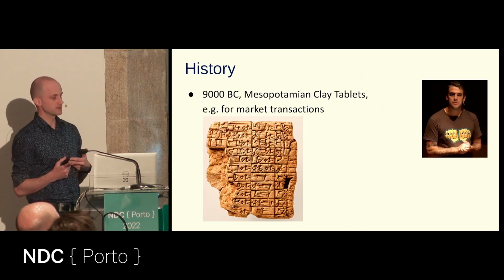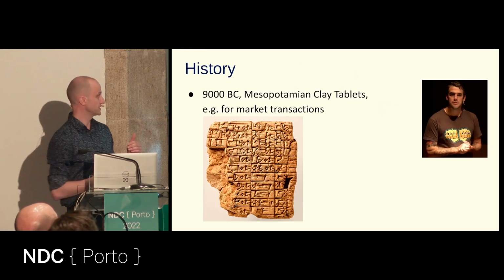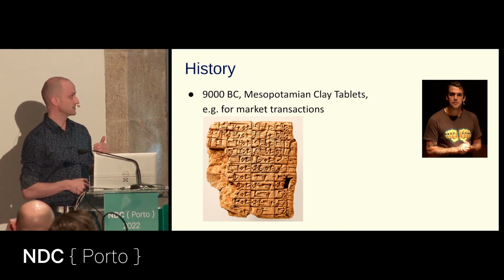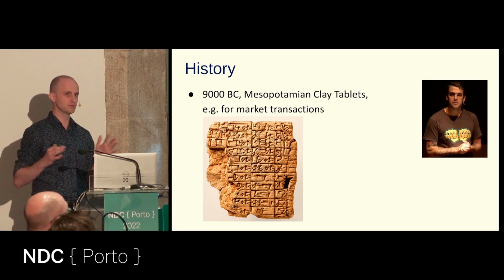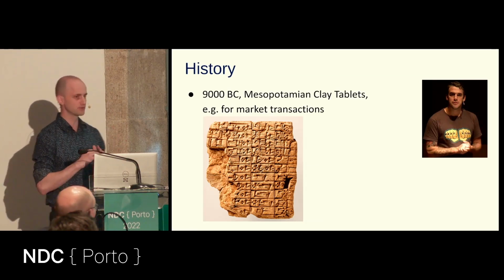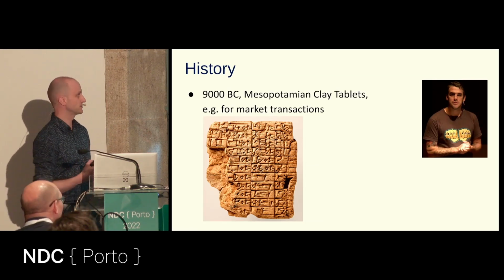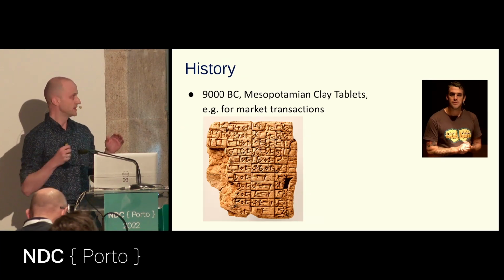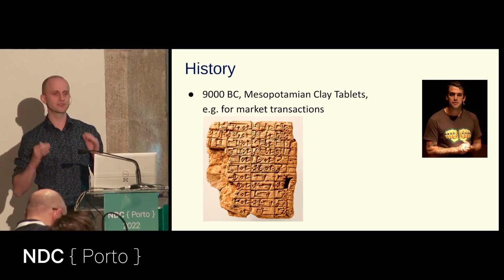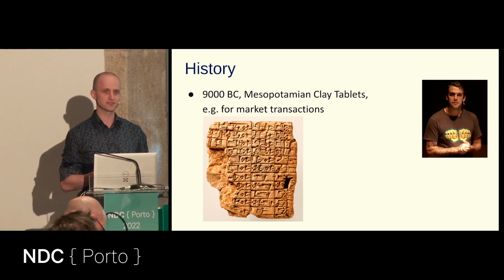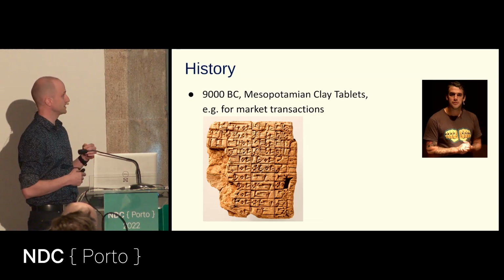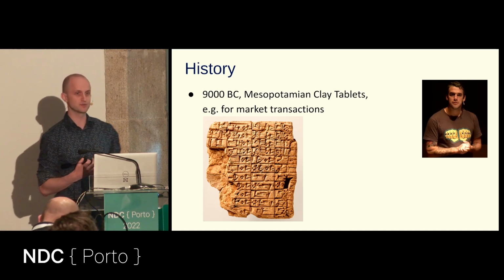And a fun fact about event sourcing from one of Greg Young's presentations. By the way, Greg Young is one of the event sourcing evangelists. If you don't know this gentleman, well, you should definitely Google him. A lot of really cool materials about event sourcing. So the fun fact is that humans have been using event sourcing for thousands of years. The first, let's say, implementation of event sourcing was found on clay tablets in Mesopotamia 9,000 years BC.